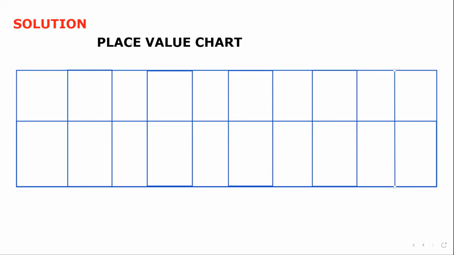Then, like what we said about the place value charts, we have the place value digit at the top. So you indicate the place value digit at the top here. Here will be the ones. Okay, that'll be ones.